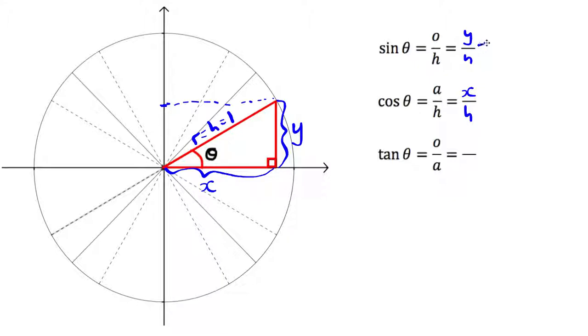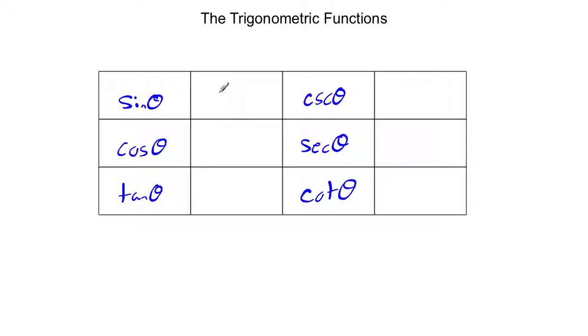That means that the sine here is just y over 1, or y. The cosine is x. So the sine is the y value, the cosine is the x value. Remembering the reciprocal nature, the cosecant would be 1 over y, and the secant would be 1 over x.